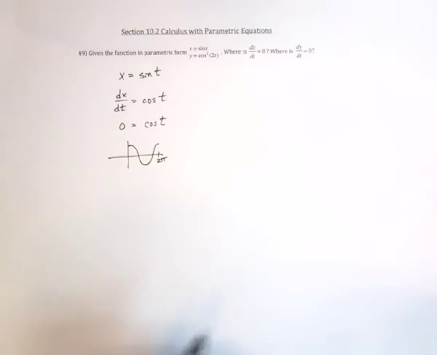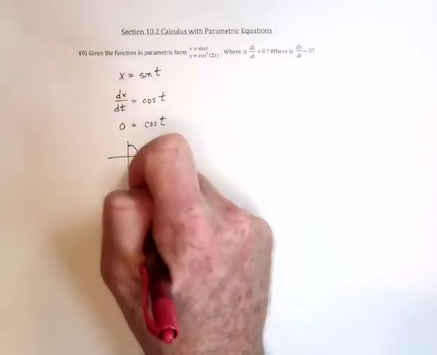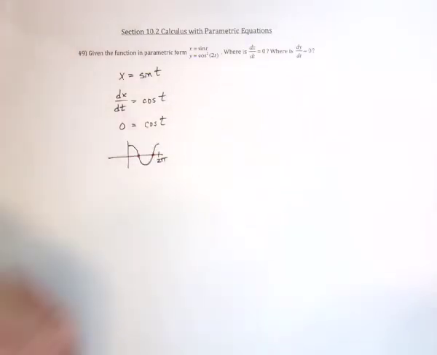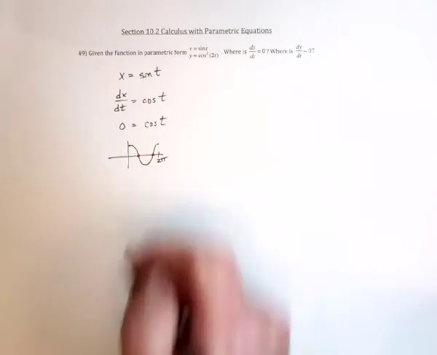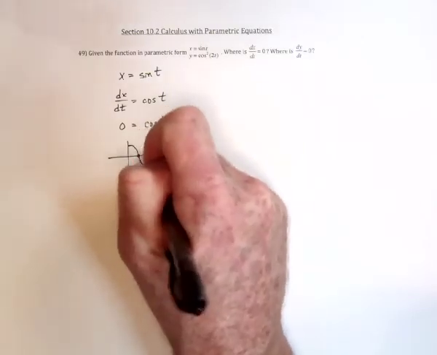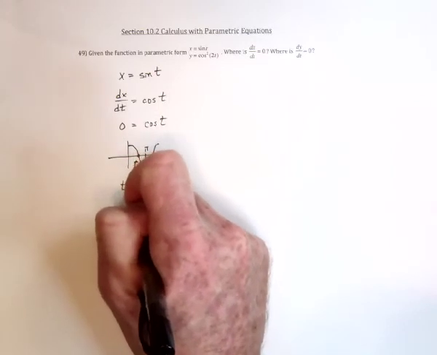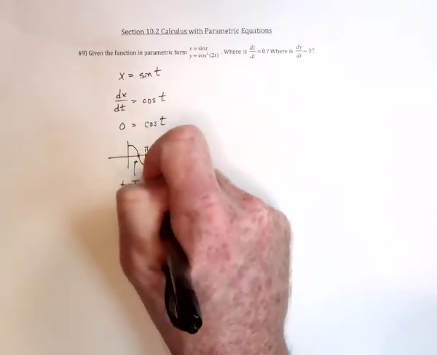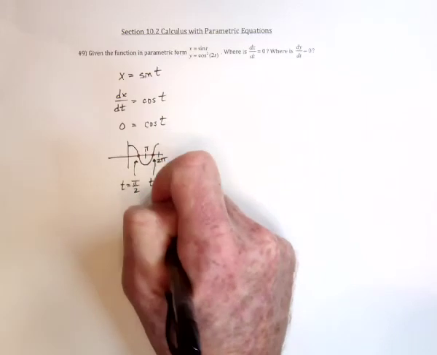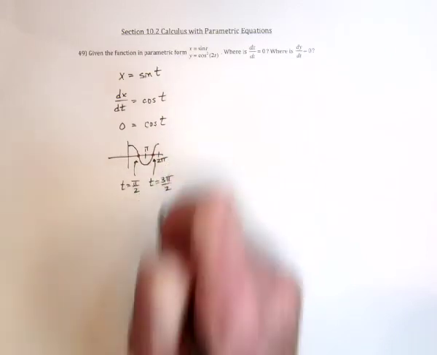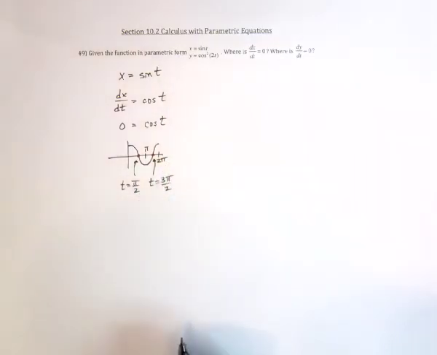And where it's equal to 0 is going to be right here and right here. Well, with pi in the middle, then this one is going to be t equals pi over 2, and this one is going to be t equals 3 pi over 2. So there's where dx dt equals 0.